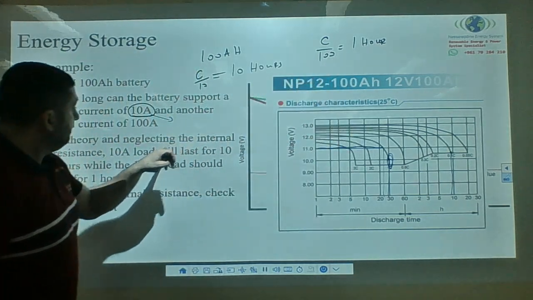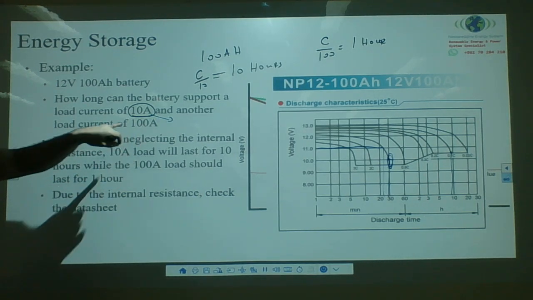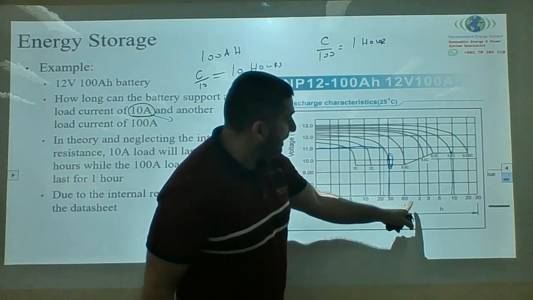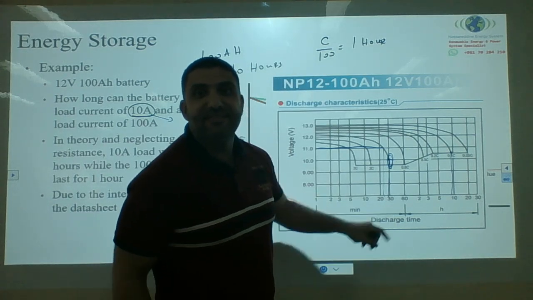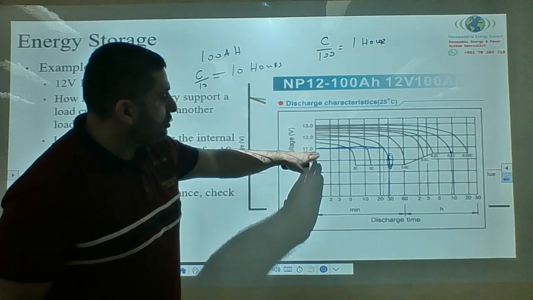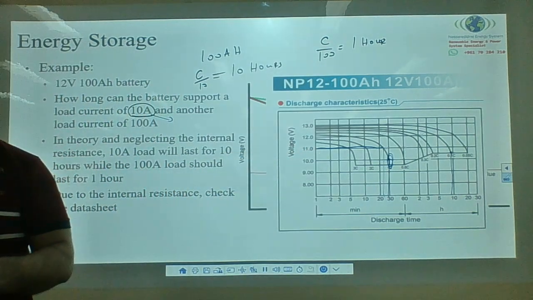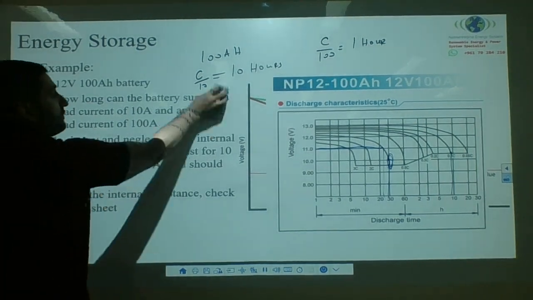The stronger the load current, the further away I will be. Instead of having 1 hour, I'm having 25 or 30 minutes. And by the way, I'm discharging the battery to almost 11 or 10 volts, so I'm taking about 60% of its voltage. Is that clear? It's very important to take note of this.